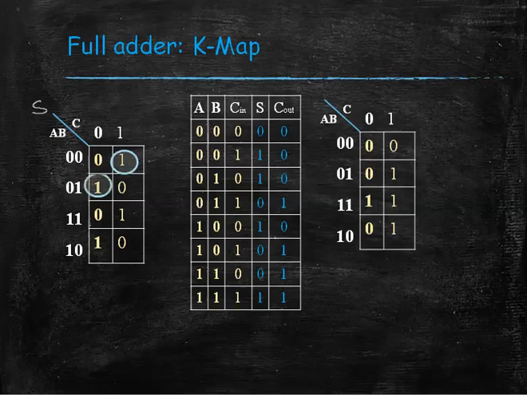Here a single one, and here also a single one, here also a single one, here a single one. There is no pair. Okay, then how many product terms must there be? There must be 4 product terms, that is corresponding to 1, 2, 4, 7.